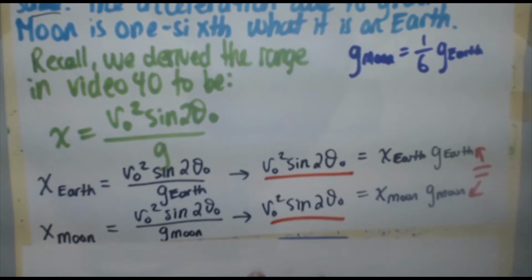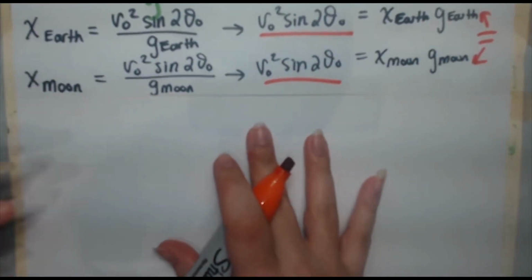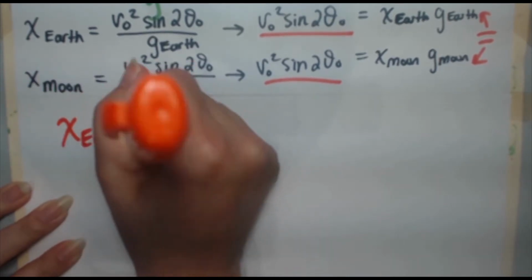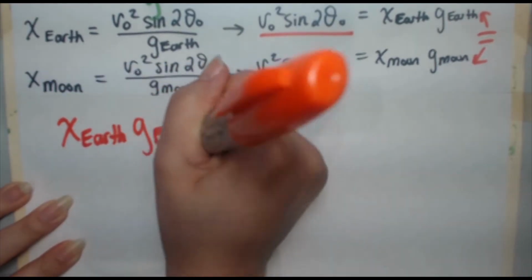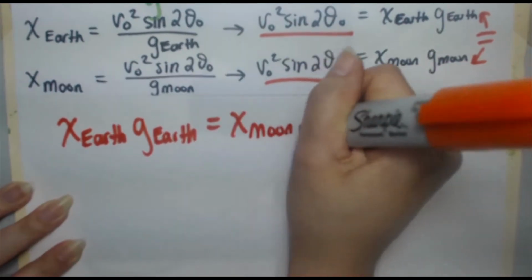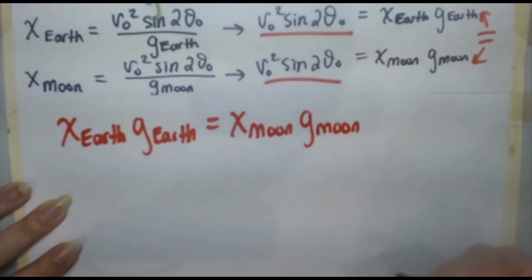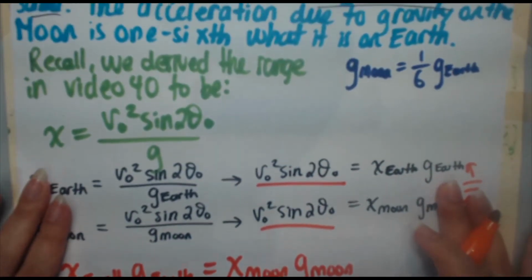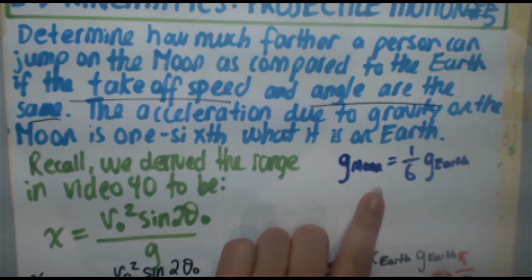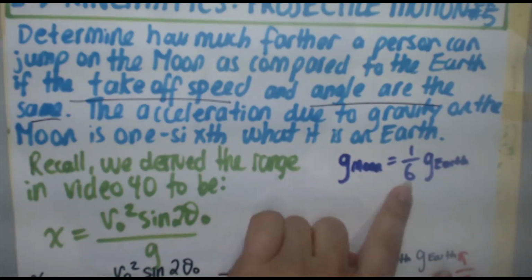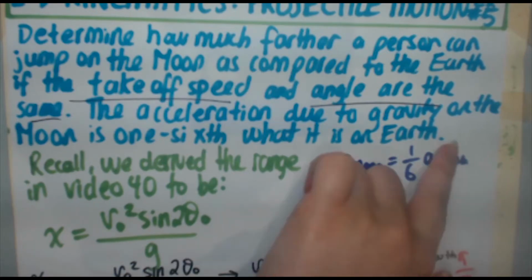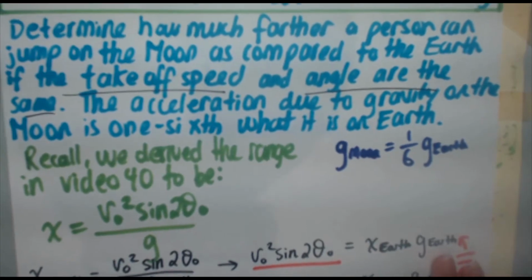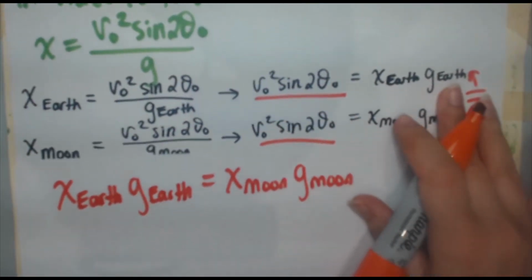So let's go ahead and do that. We're going to say x Earth g Earth is equal to x moon g moon. Now, before you think that we have too many unknowns, remember back to the beginning of the problem, we were told that the acceleration due to gravity on the moon is 1/6 what it is on the Earth. So we created a mathematical expression to represent that: g moon equals 1/6 g Earth. So let's use that expression here.